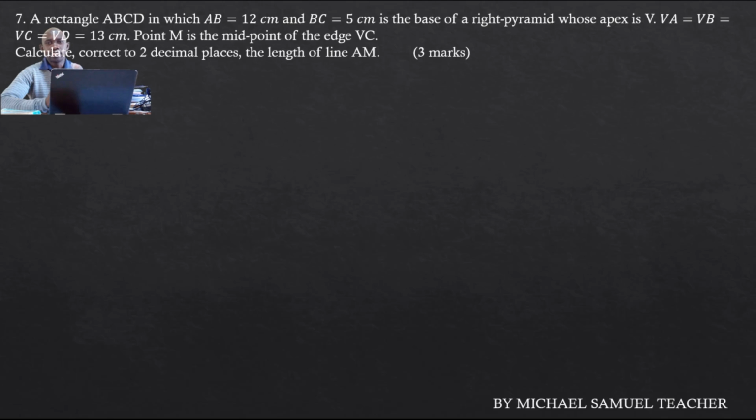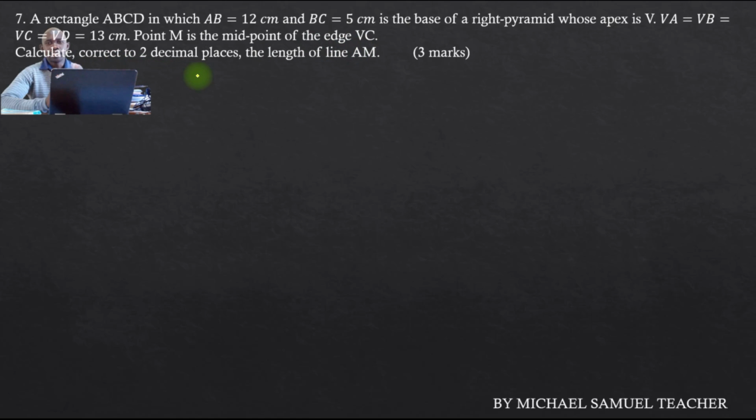Question 7 says: a rectangle ABCD in which AB is equal to 12 centimeter and BC is 5 centimeter is the base of a right pyramid whose apex is V, and VA is equal to VB, which is equal to VC, which is equal to VD, which is equal to 13 centimeter. And the point M is the midpoint of the edge VC.